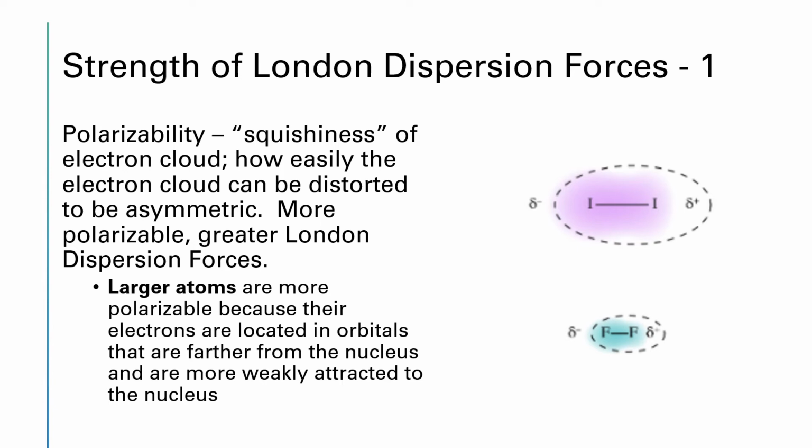And so that makes iodine much more polarizable than fluorine. That means that the London dispersion forces in iodine are much greater than those in fluorine, and that's why iodine is a solid at room temperature and fluorine is a gas, because the boiling point of iodine is much higher because it has stronger intermolecular forces. Ditto for the melting point.